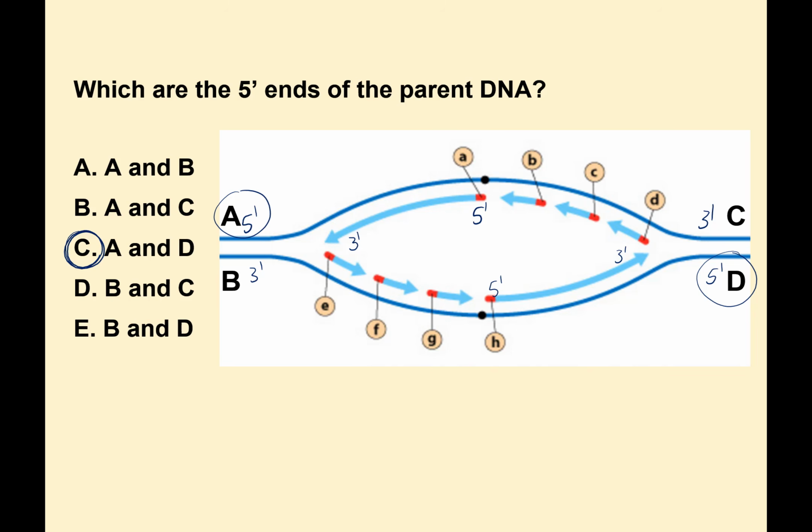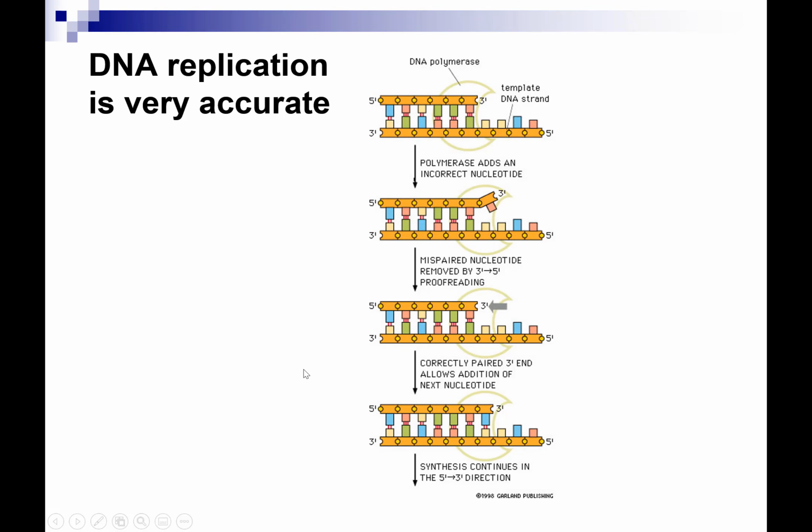All right, we just have a couple more topics, and then we are done. So I want you to understand that DNA replication is very accurate. We're not going to go into this, but I can't teach DNA replication without you understanding that it's very accurate, but mistakes are made.